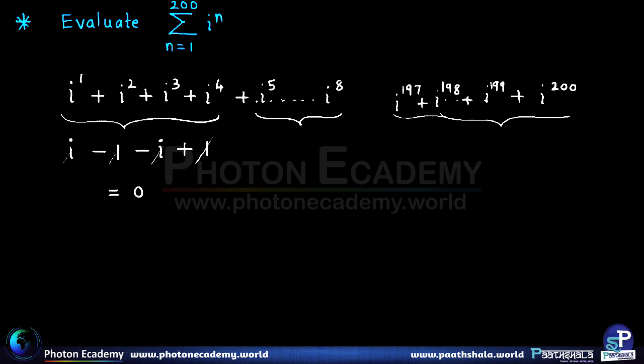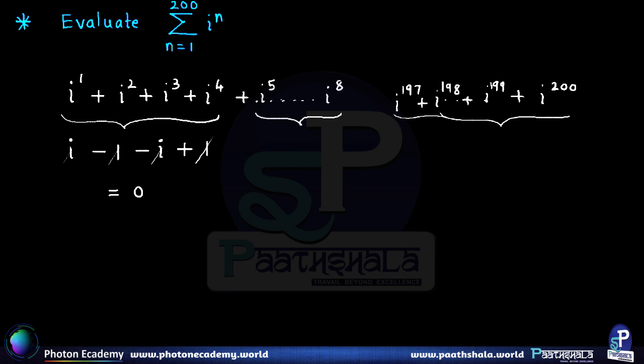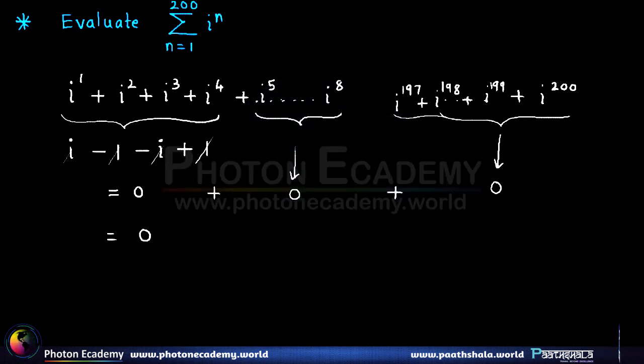Ultimately we have the sum as 0. And hence we are going to get the same sum in all the groups of 4 consecutive powers. So ultimately the sum of all these numbers will be nothing but 0. Now let's see the next example.